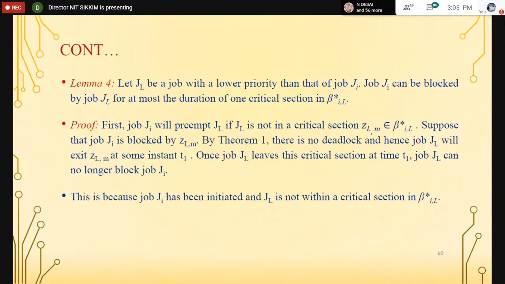What is determinism here? The duration of blocking of the high priority task by any lower priority task is equal to the greatest critical section in the system. So when I design a system and do the suitability analysis, I can take this delay into consideration while saying whether the deadline of such jobs can be met or cannot be met. Therefore, this becomes very important in the suitability analysis.